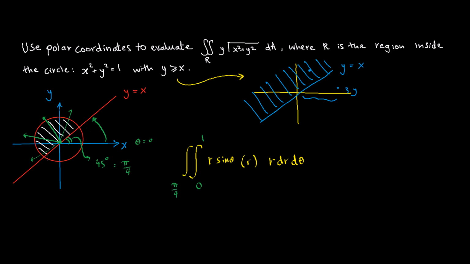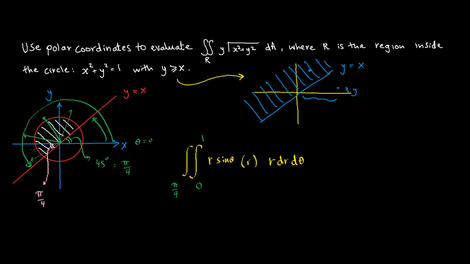And to figure out the upper limit, we need to figure out this angle from the positive x-axis. So we start at the positive x-axis and we go counterclockwise. So we end up here. Since this angle here is pi over 4, this means that this angle between the negative x-axis and the line y is equal to x is also pi over 4.